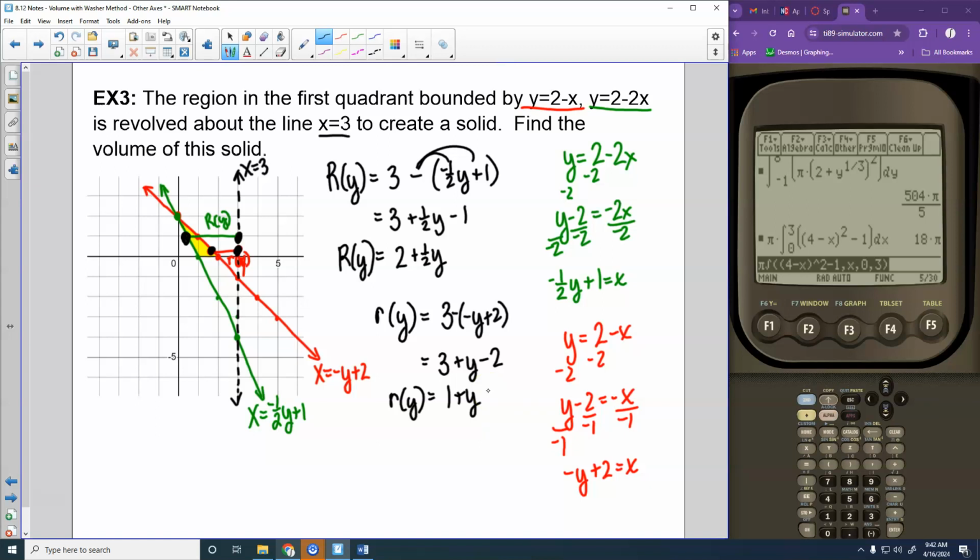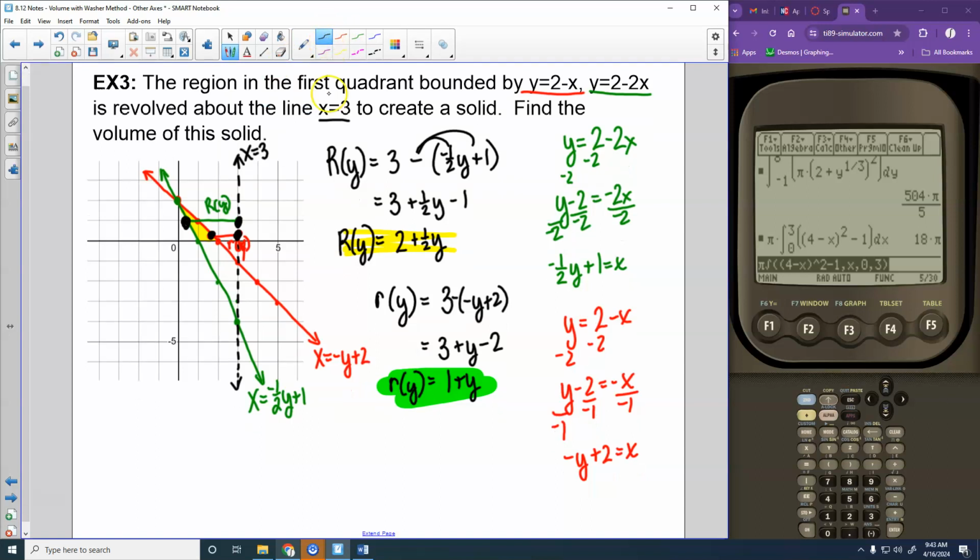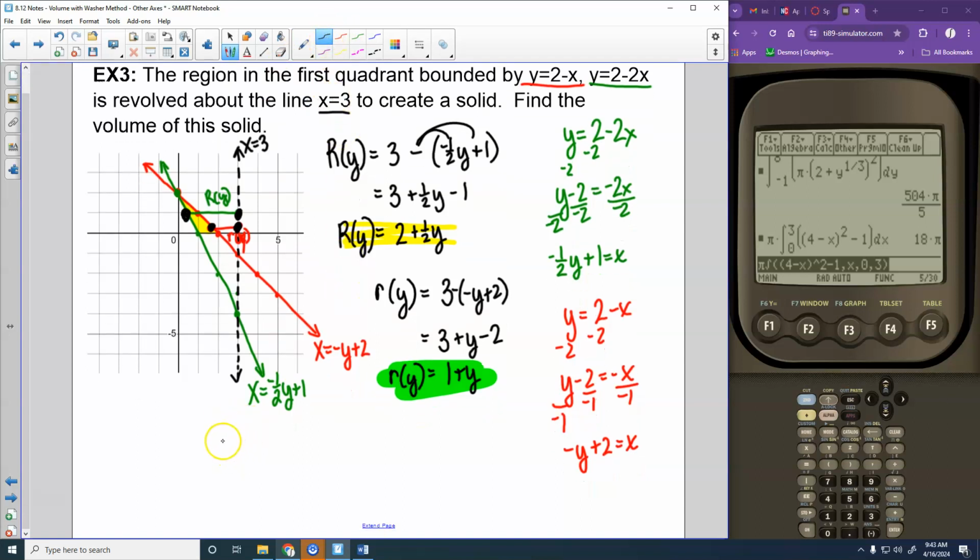We okay here? All right, once you've got your capital R and your lowercase r, it is pi capital R squared minus pi lowercase r squared, right? So to set this up, we would have the integral of pi capital R, which is 2 plus 1/2 y squared. What would our limits be on that one? 0 to 2.